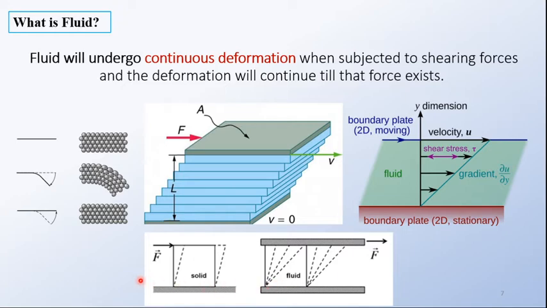But the point to be noted here is, in case of solids, when a force is applied, depending upon the flexibility or elasticity, it moves a little bit and then develops a resistance and stays there. But in case of fluids, as you apply force, it continuously deforms till it gets failed.